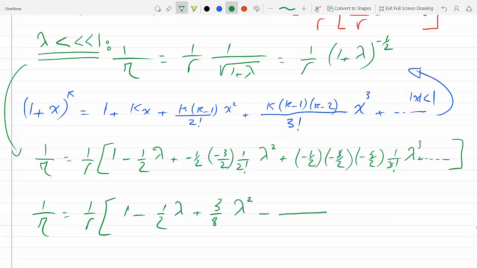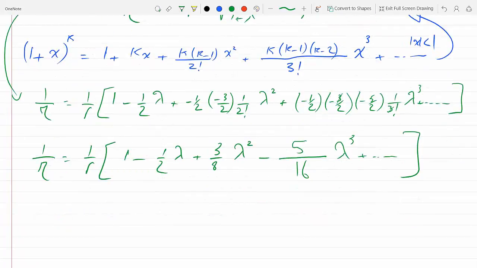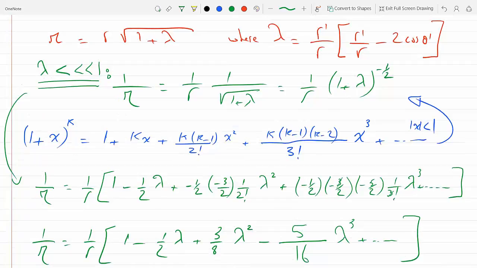There's 3 minuses, so that's a minus, the 3 cancelled out, and we get minus 5 over 16 lambda cubed, etc. Well, k in our case is minus half, because it's 1 plus lambda to the minus half.